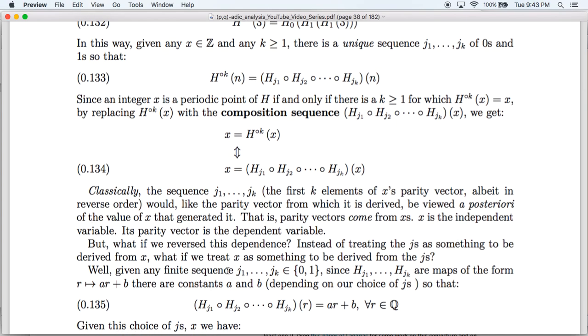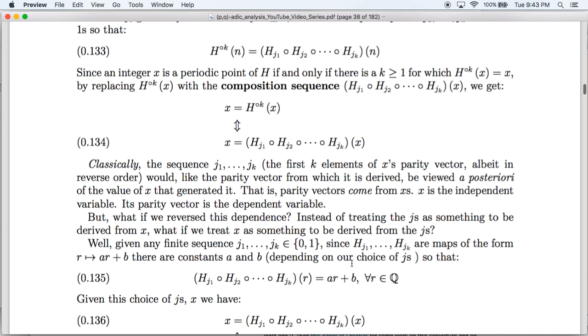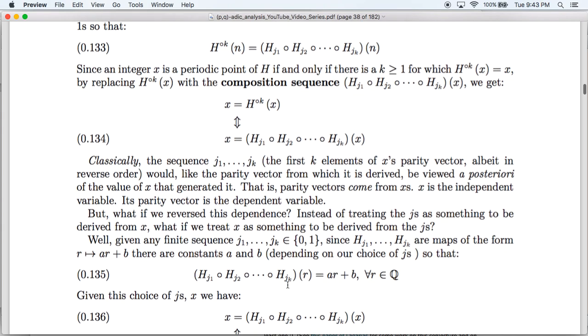Well, given any finite sequence of zeros and ones, we get our maps, and since they're all affine linear maps, there are going to be constants a and b depending just on the choices of our j's, such that this composition is ar plus b for all rational numbers r.